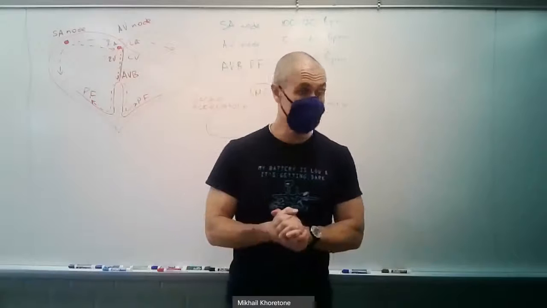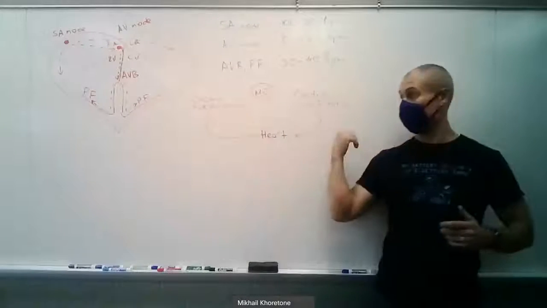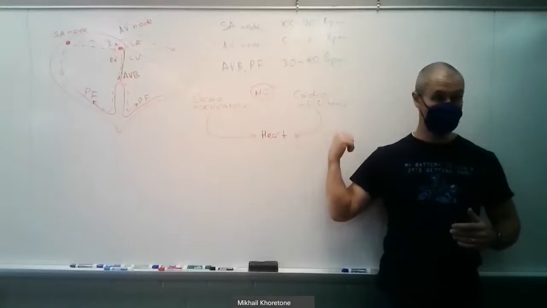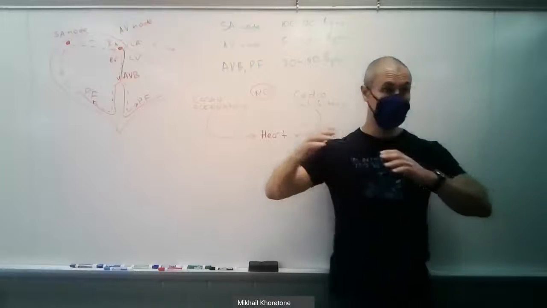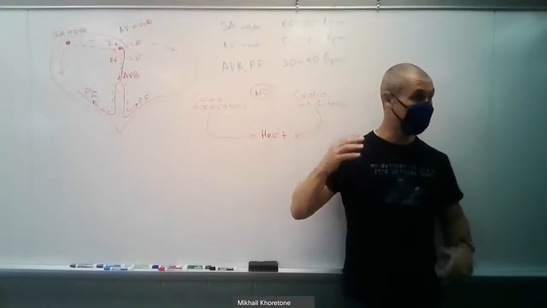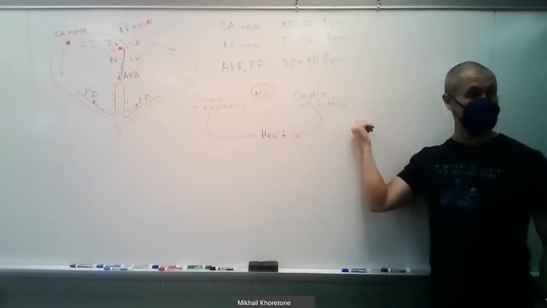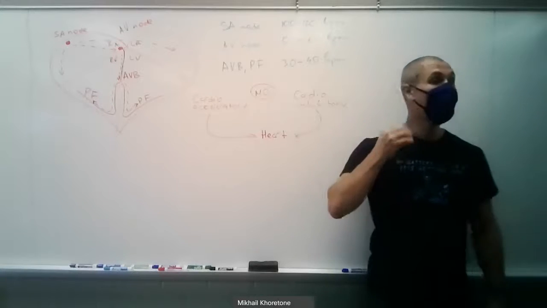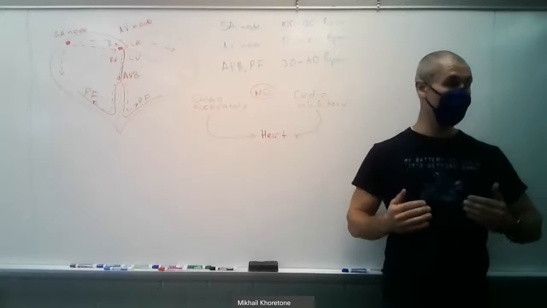Are you with me? Here's the thing. This is a tug of war, right? Whoever wins, the heart is going to either slow down or speed up. At rest, the cardioinhibitory, parasympathetic center is winning.